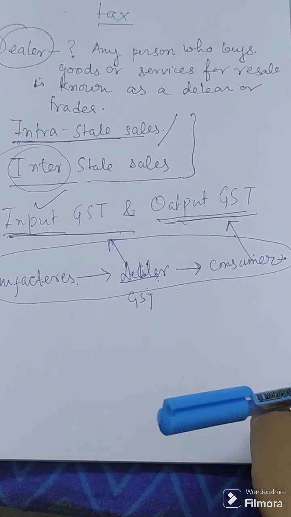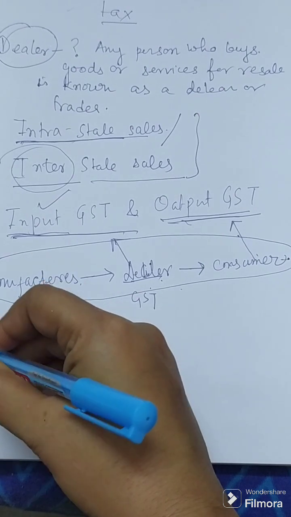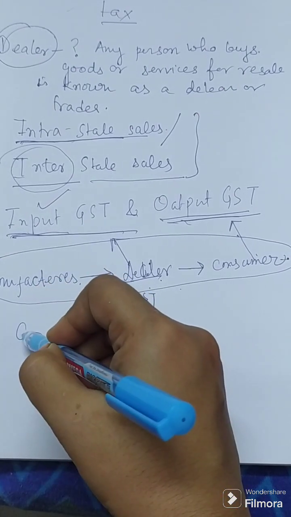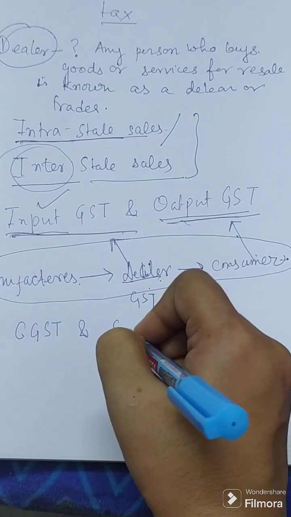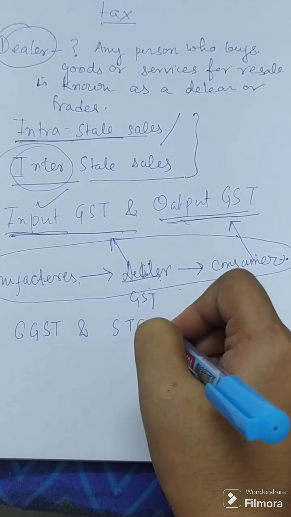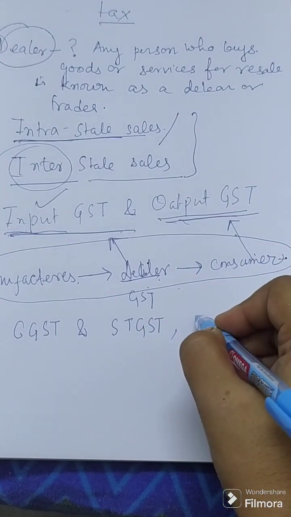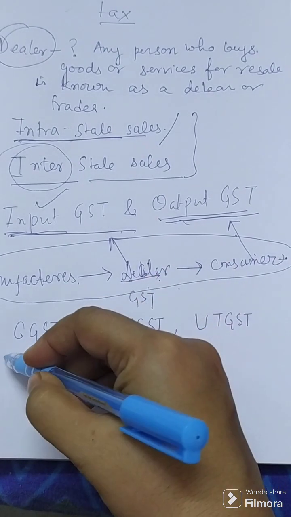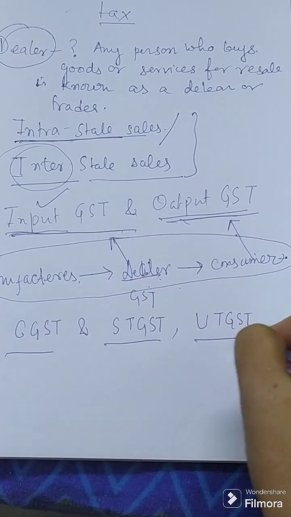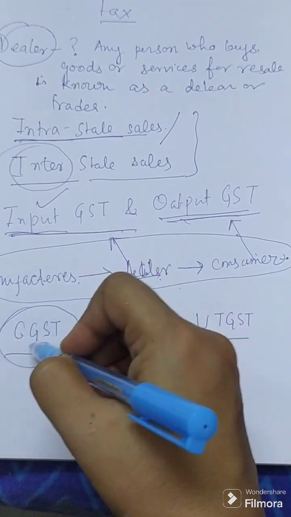Now, the next terms are CGST, SGST, and also UTGST. So three terms: CGST, SGST and UTGST. So what is CGST?